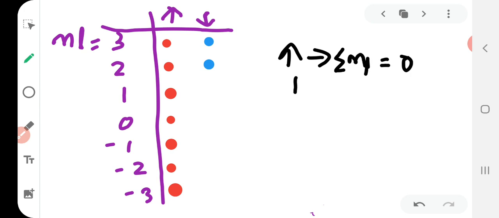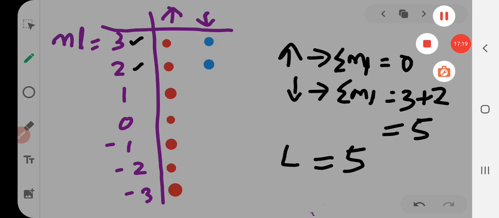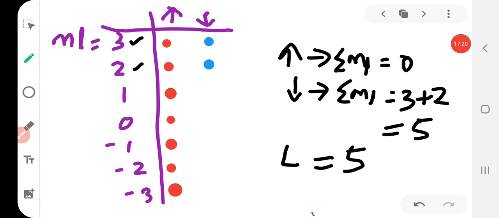And for downspin, what is the total ml? Total ml is equal to 3 plus 2, that is equal to 5. So the maximum value of L is 5. We have found L and S.